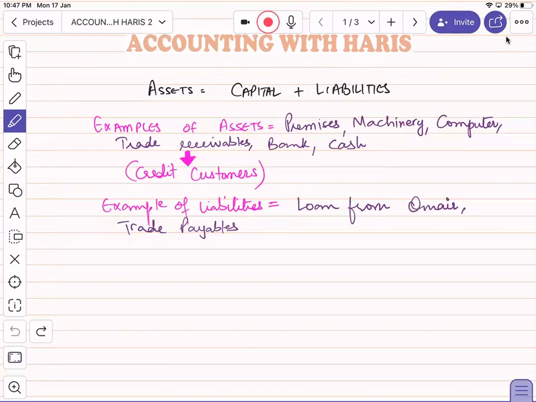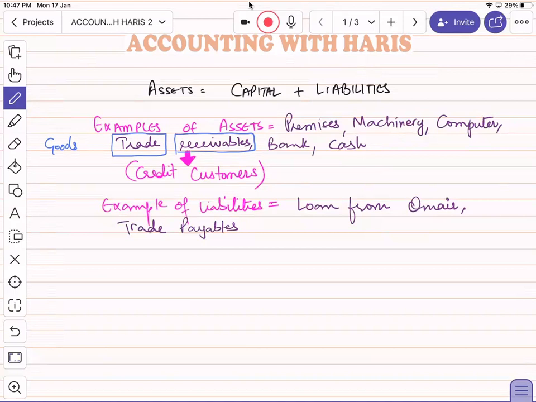Now, trade receivable is also an asset for you. Trade receivable comprises two words, trade and receivable. The word trade implies something related to goods, and the word receivable implies that we have to receive. So if a customer has bought goods from us on credit and promises to pay later on, then he is referred to as my trade receivable.